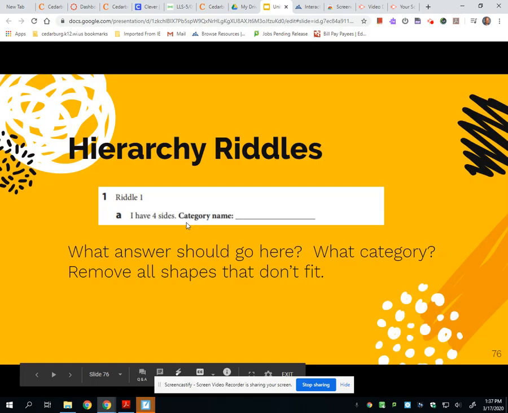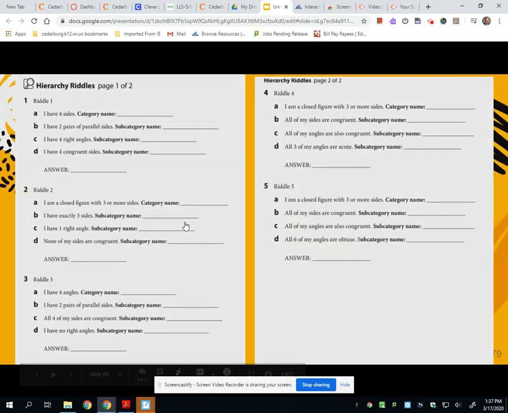These hierarchy riddles will be available and posted on Seesaw so that you can fill out the answers as you go. Please post them back to us when you're done. It's an activity, and we will assess your knowledge from there. If you have any questions, send us an email, and we'll get that taken care of for you.